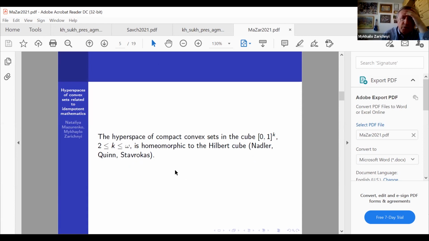that if you consider the hyperspace of compact convex non-empty sets in the n-dimensional cube, such that the dimension of the cube is at least 2, and also we include omega, which means that this is countable power, so this is a Hilbert cube. Then the hyperspace is homeomorphic to the Hilbert cube.